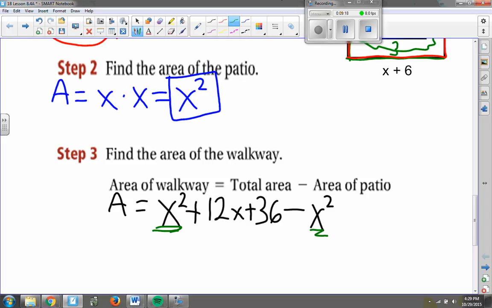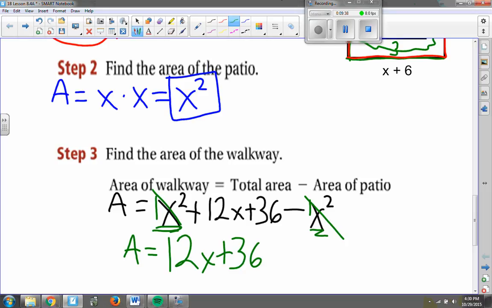I have a positive 1x squared here, and I have a minus 1x squared there. Positive 1x squared, minus 1x squared, they're going to cancel each other out. They're gone. So the area of my walkway, 12x plus 36. Okay. Hopefully that jibes with you.